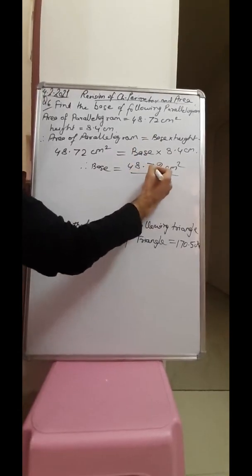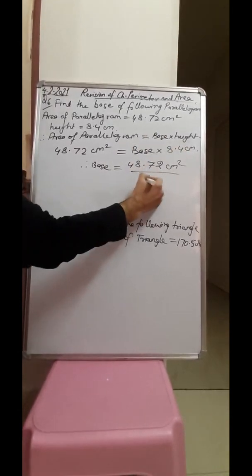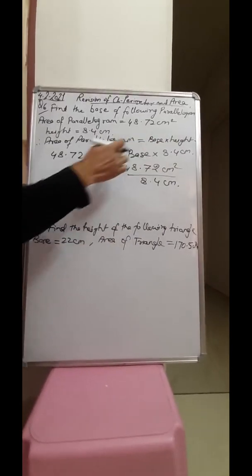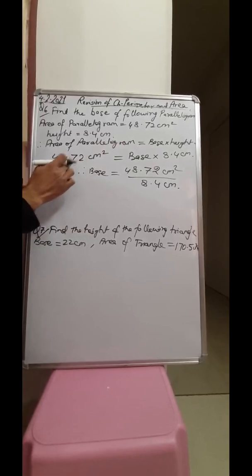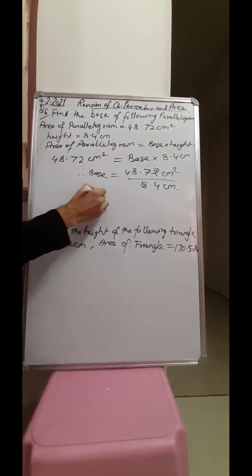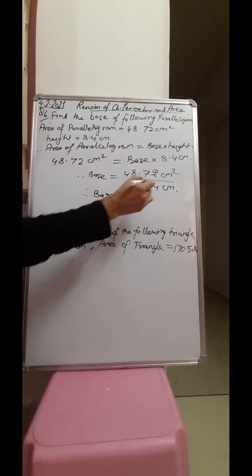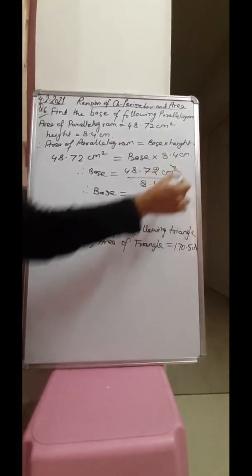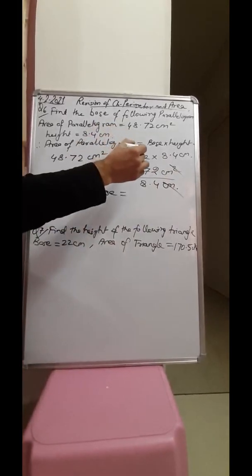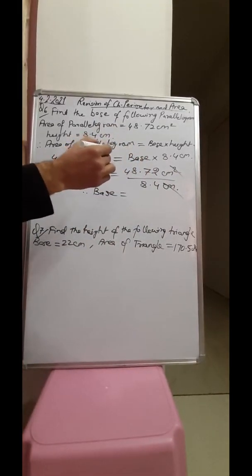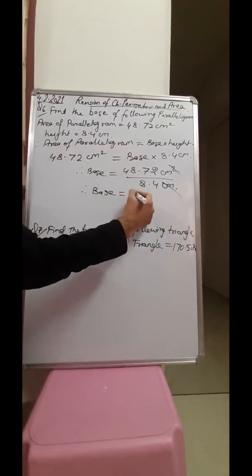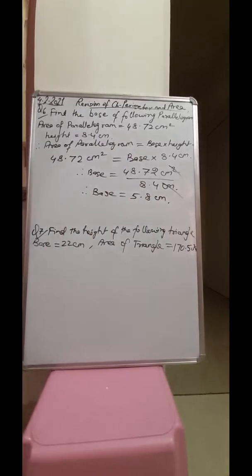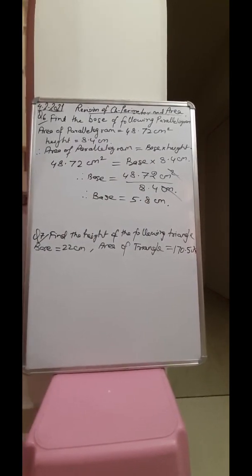So here it is centimeter square and centimeter, so one centimeter will cancel. So when you divide 48.72 by 8.4 you will get 5.8 centimeter. So in this way we can find out a base.